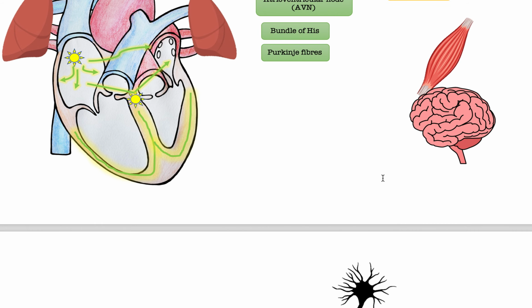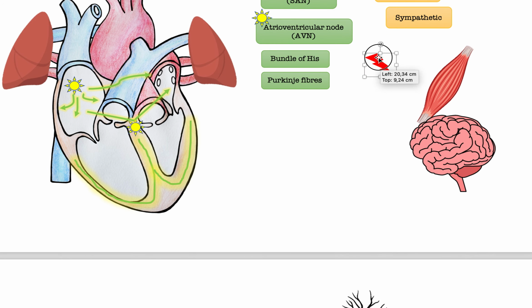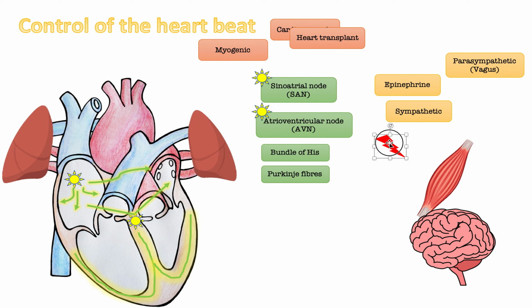So epinephrine, let's pretend this is epinephrine, this molecule here. It is released from your adrenal glands. So your adrenal glands are right above your kidney, okay? And as soon as you get stressed, your adrenal glands will release this protein into your blood, and it will travel in your blood, and eventually it will reach your heart, and it will reach this node.